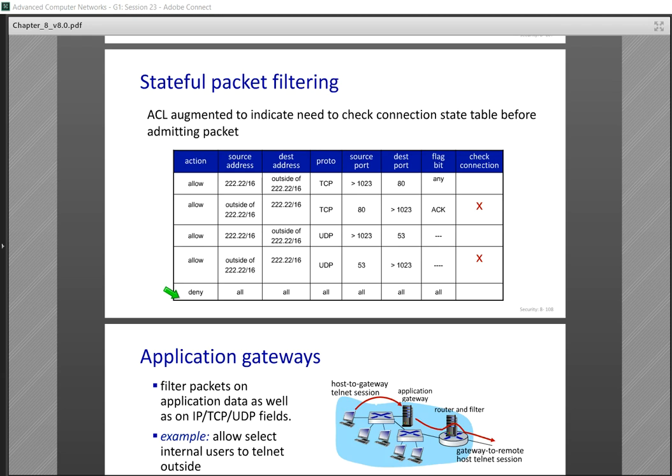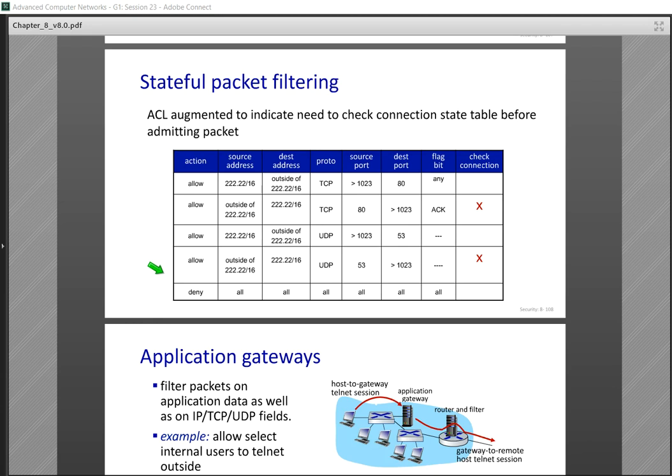Instead of that, we can use a whitelist. In whitelist, we only say that, okay, these traffics are allowed, but the rest of traffics are blocked. You can see this strategy here in this case.